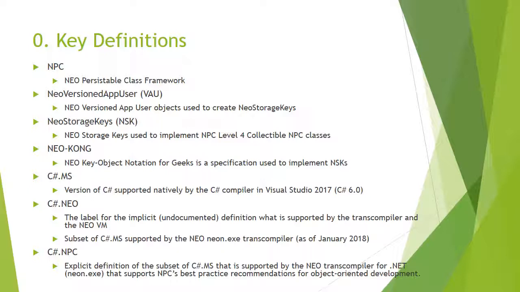I don't think that's changed too much. And then I'm going to talk about a specific version of C#.neo, C#.npc, which is an explicit definition of the subset that's supported by the Neo transcompiler for .NET, and also follows some recommended and documented best practices for object-oriented contract development.